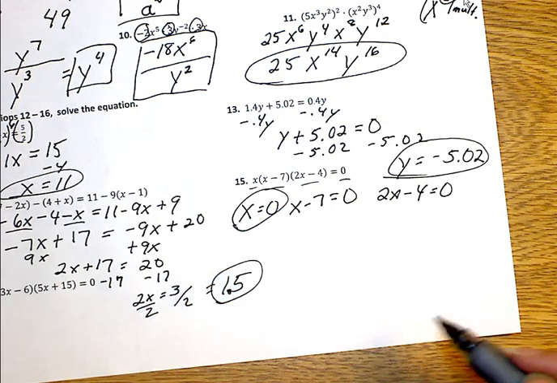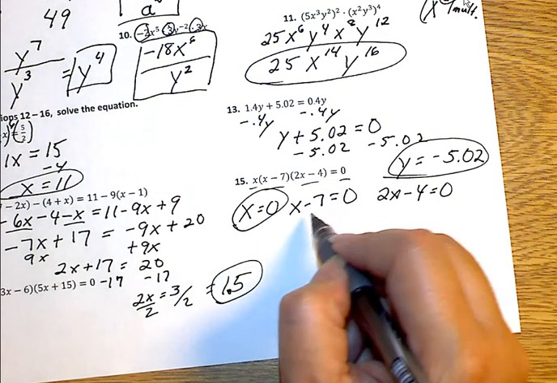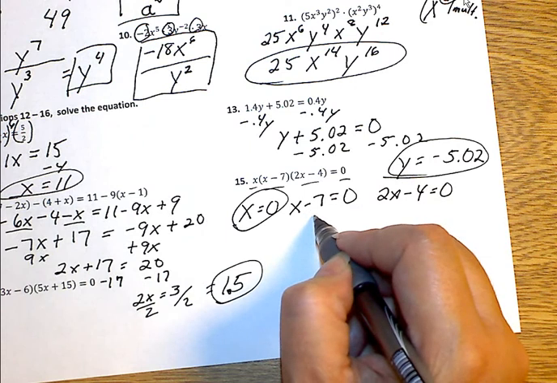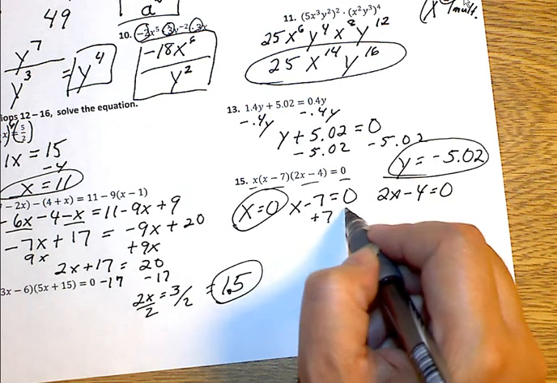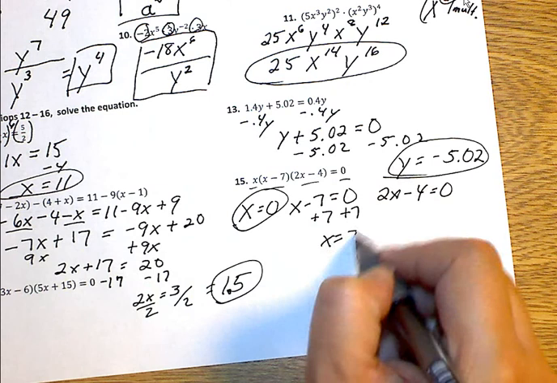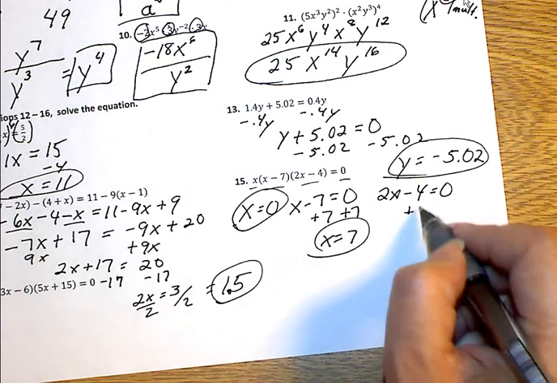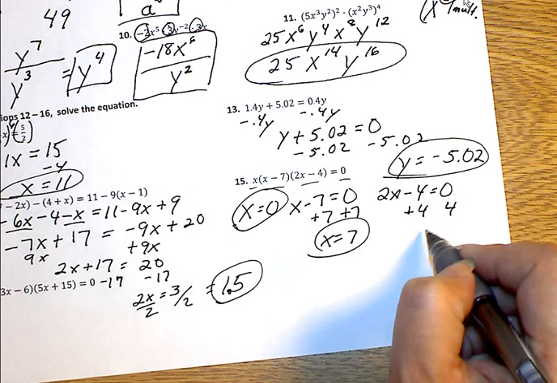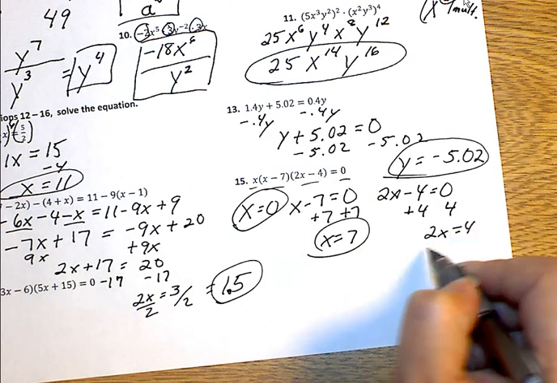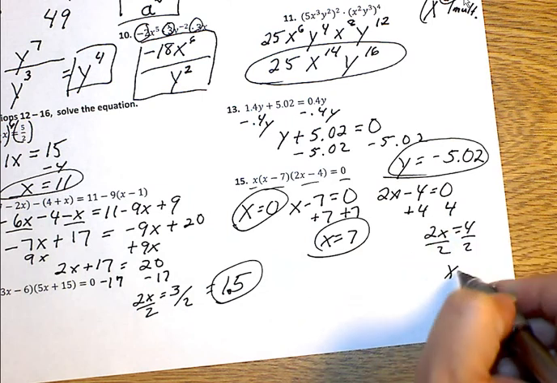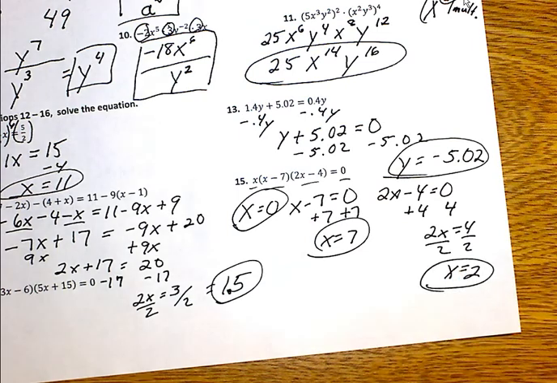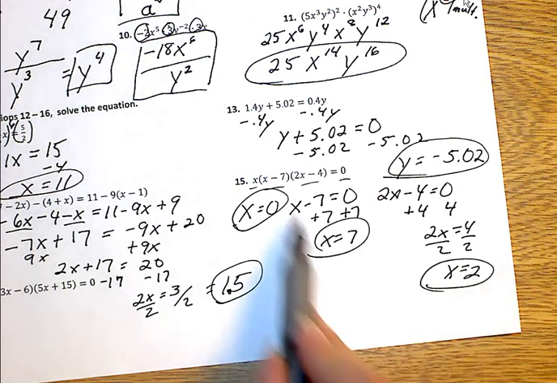That's your first answer. The second one, what do we have to do? Add 7. And then the last one, you would add your 4 and then divide by the 2. So you have 3 answers for this problem.